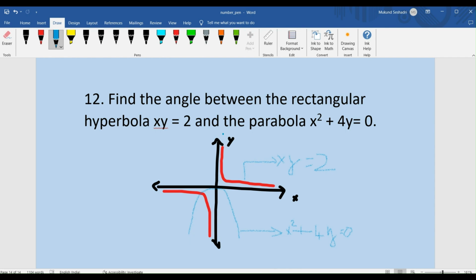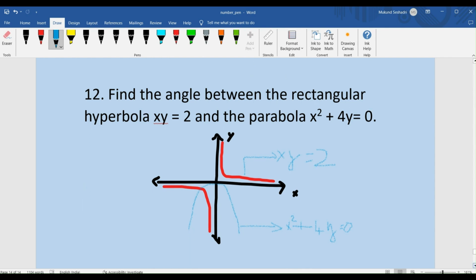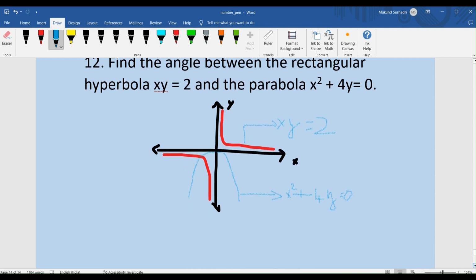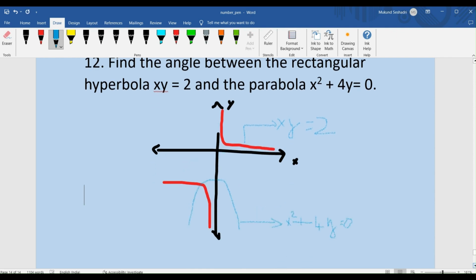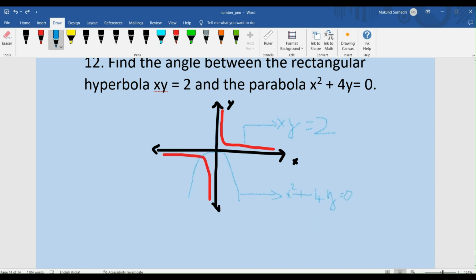It exists only in quadrants 3 and 4, where y is always negative, right? And this is a parabola, so all of you know how the parabola looks. This is a quick brief about why these curves look like this, because I wanted you to understand these curves before we actually solve the problem.